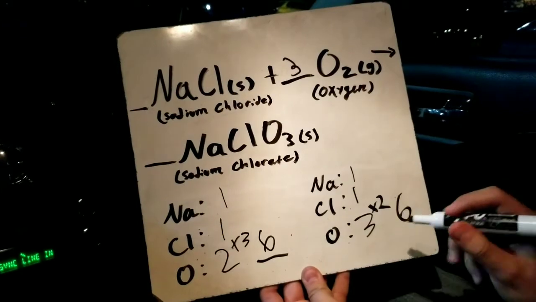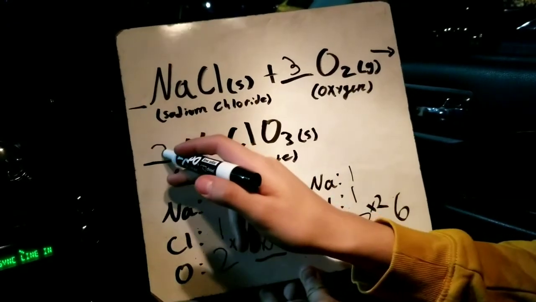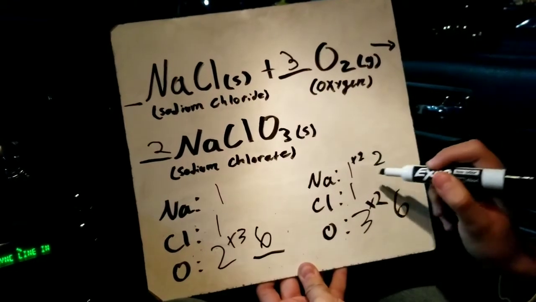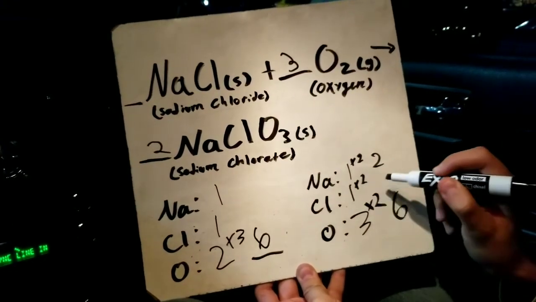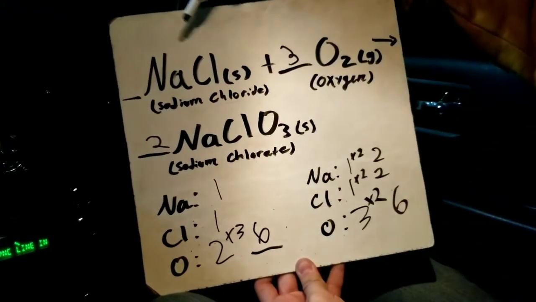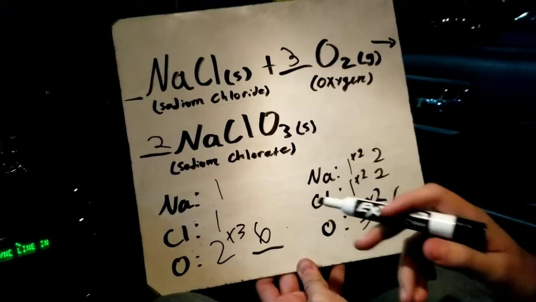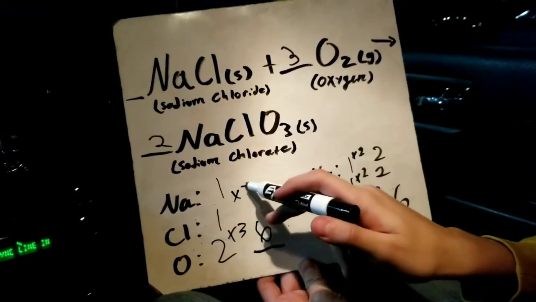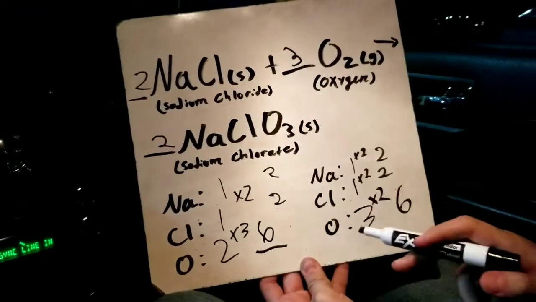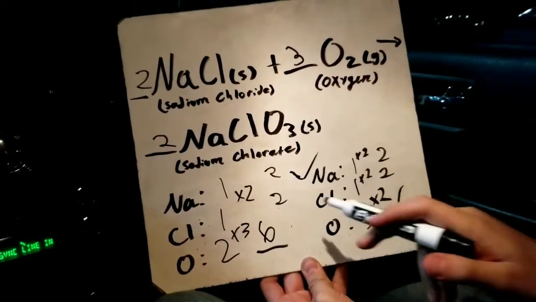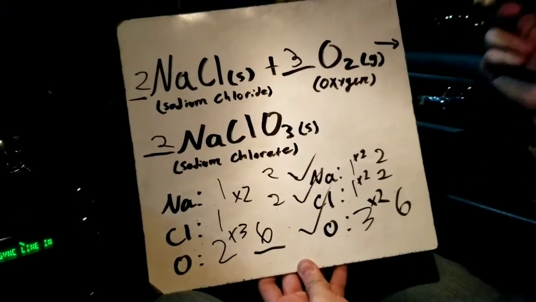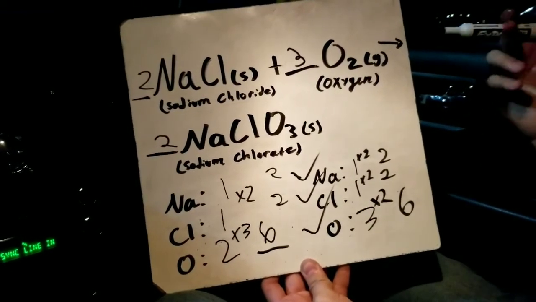That gives us a 6, but in doing that, it also gives us 2 sodium atoms and 2 chlorine atoms, which makes it unequal. But the cool thing about it is that they're together, so you just have to multiply them both by 2 to form a 2 and a 2, making them equal, check, equal, check, and then equal, check. And that is how you actually balance the equation.